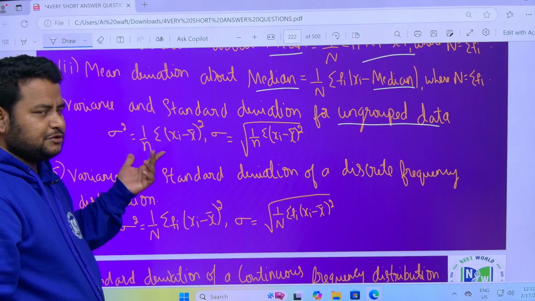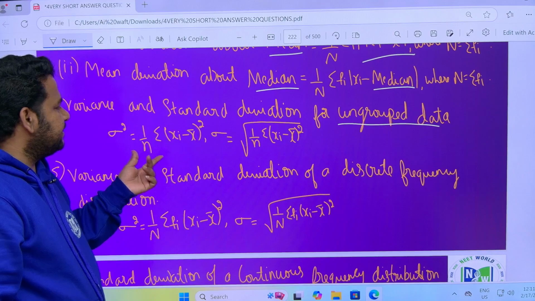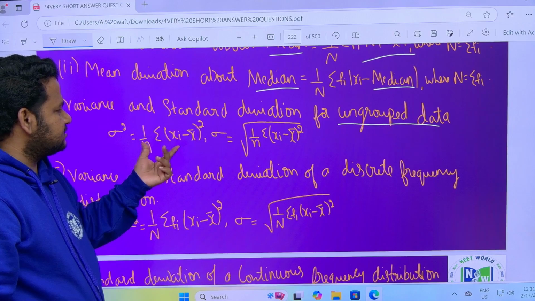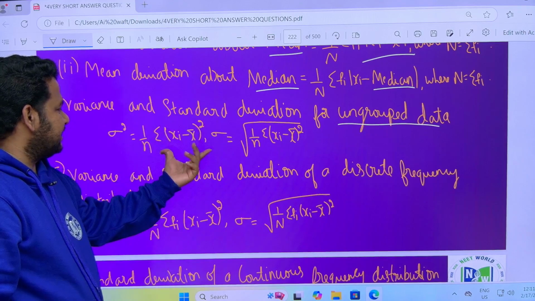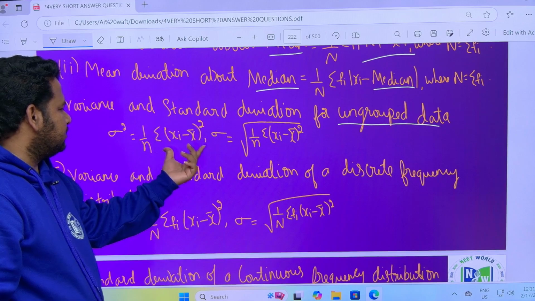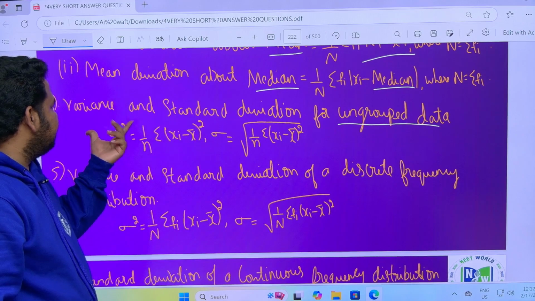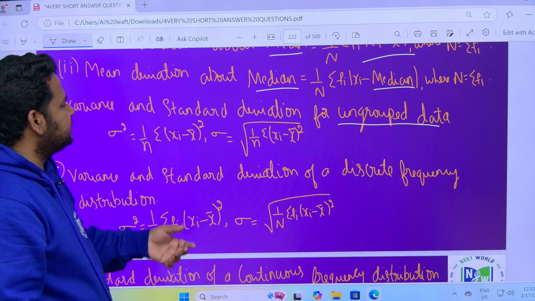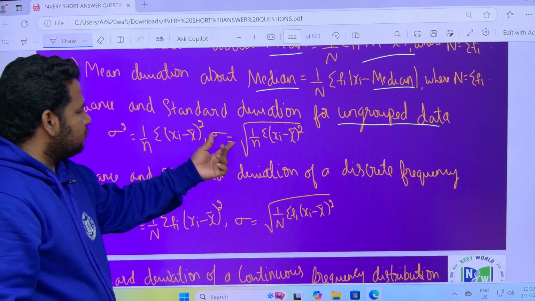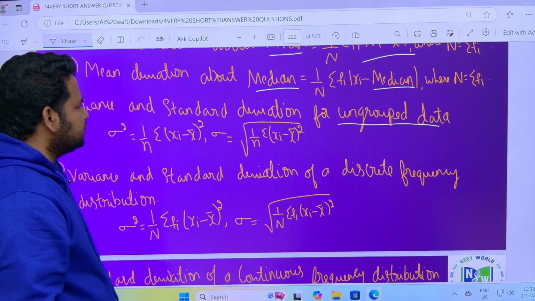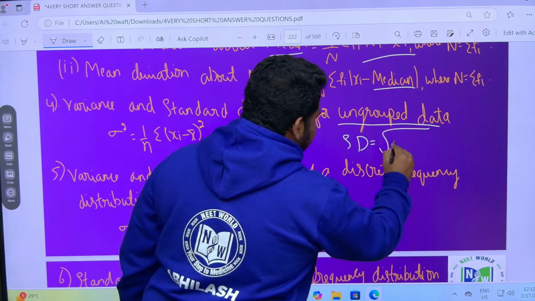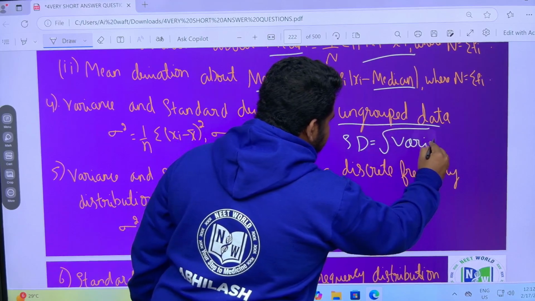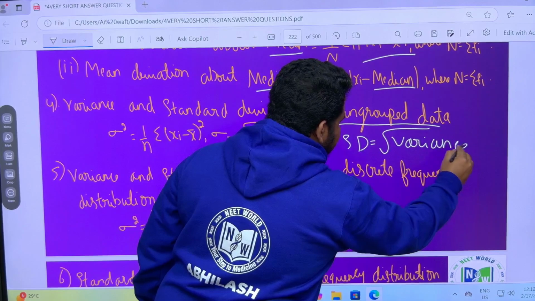Earlier for mean deviation we took the modulus; here, instead of modulus, we square it. That is nothing but variance. Standard deviation is the square root of variance. Whatever value of variance you get, if you take the square root, you will get the standard deviation.